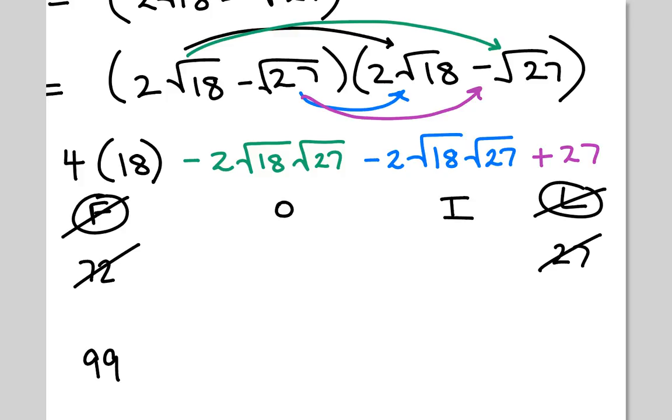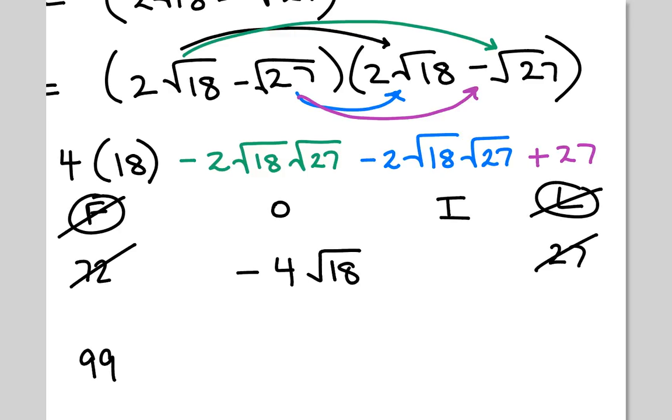So that's what you do with the middle here. -2 and that garbage, -2 and that garbage, that's the same garbage, becomes -4 of this garbage. Any questions on that? It's identical to this whiteboard. The root 18 and the root 27, just think of it as an object like x, or apple. -2 apple minus 2 apple is -4 apple. Any questions on that?